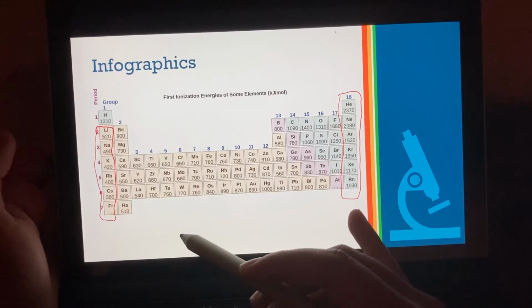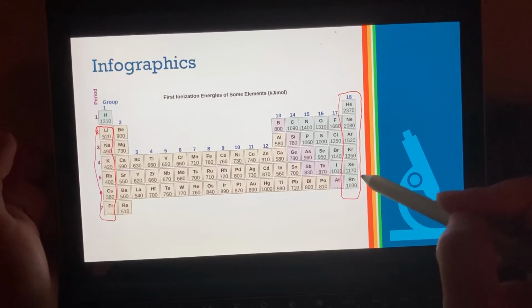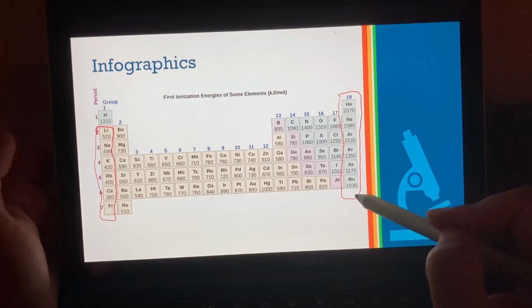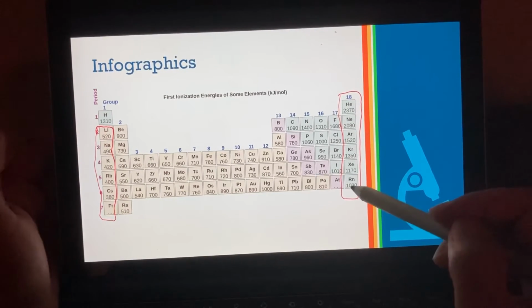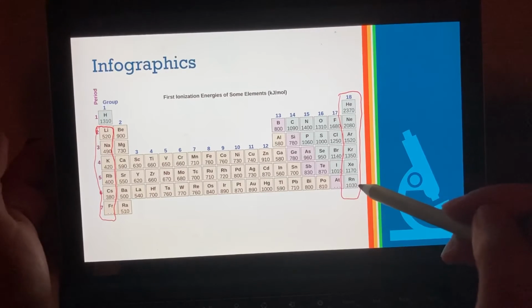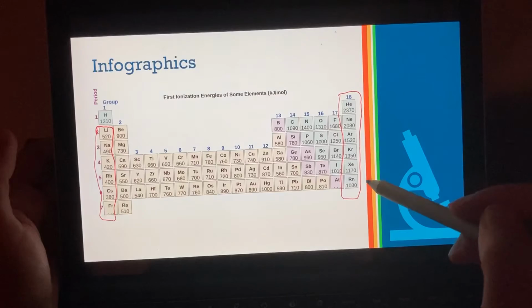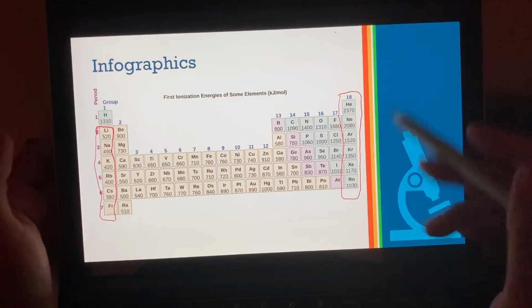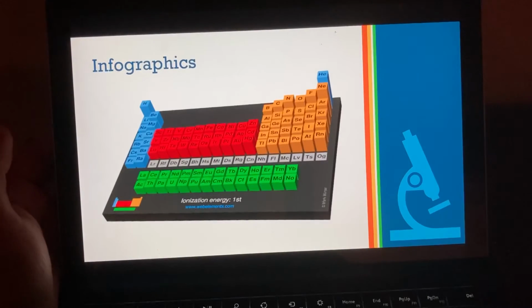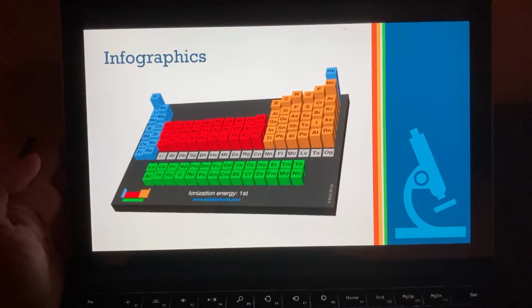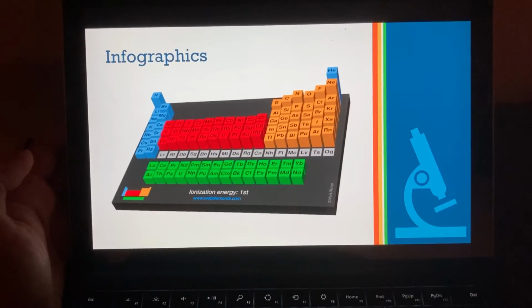And as you can see over here, for the noble gases, it requires a lot of energy to get rid of an electron, and it's easier to gain an electron. This graph demonstrates that visually.